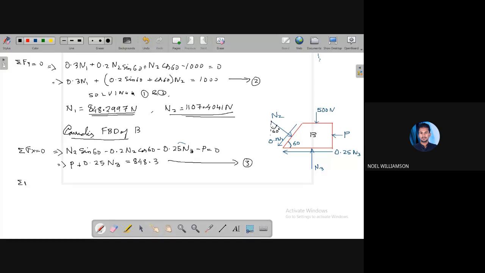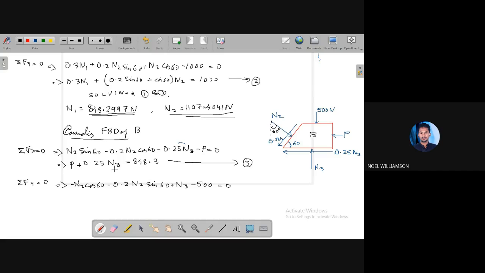Now sigma Fy equal to 0 implies minus N2 cos 60 minus 0.2 N2 sin 60 plus N3 minus 500 equal to 0.